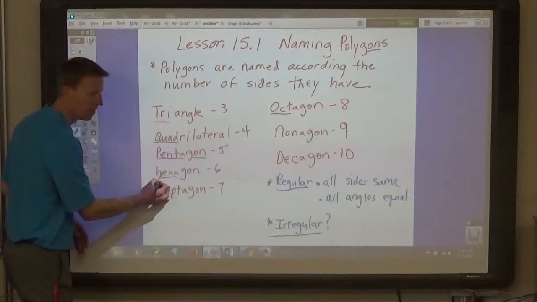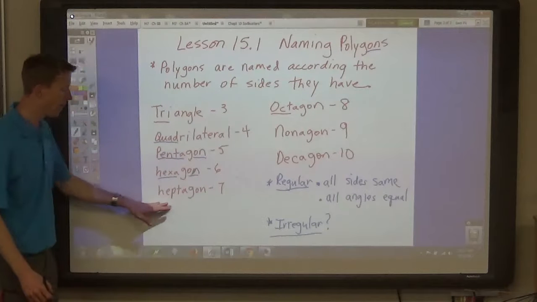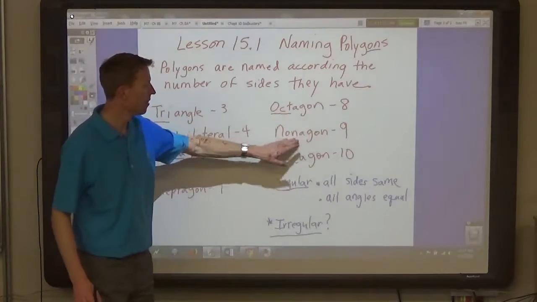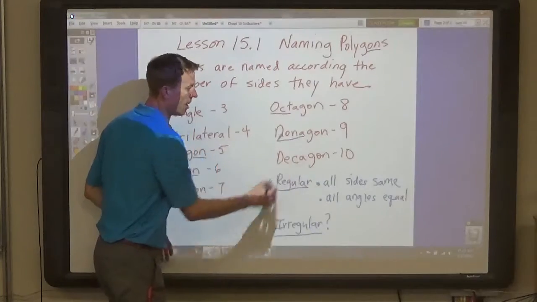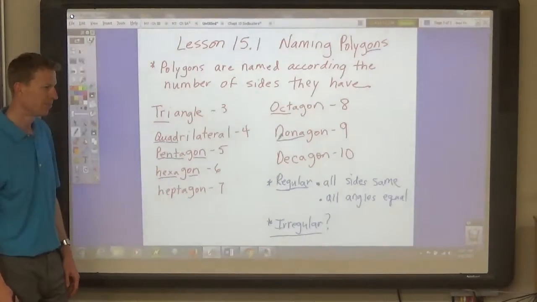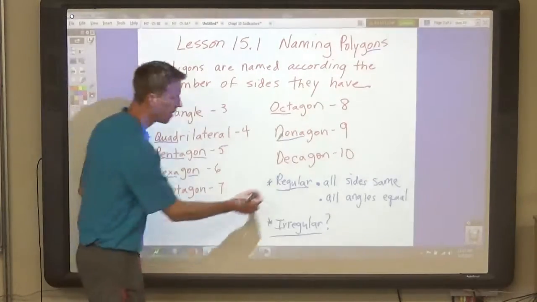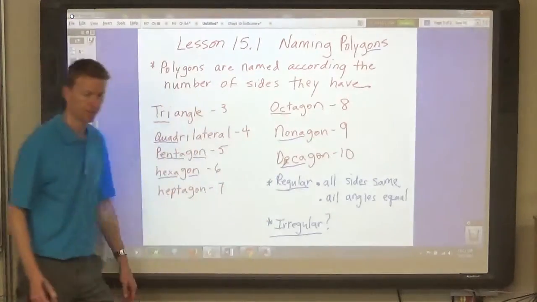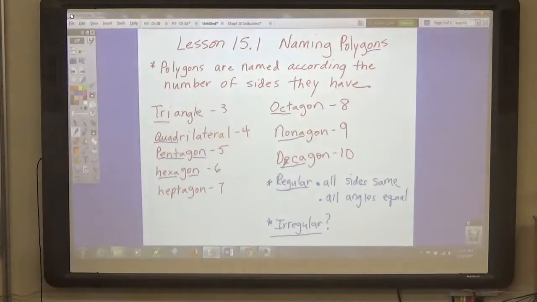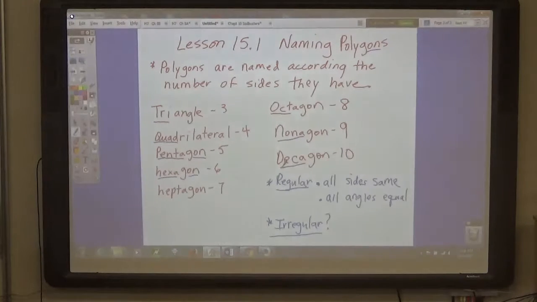Hexagon, heptagon, octagon, nonagon, 9, and decagon, 10. Now, some polygons have many, many sides. There isn't a limit to the number of sides that a polygon can have.